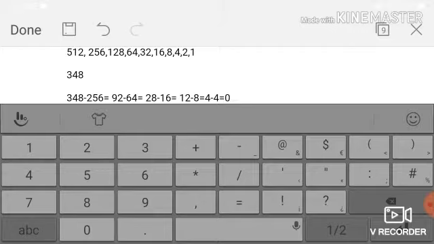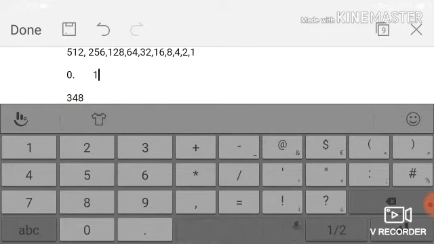So in converting to binary, we're going to assign values to the exponents. So 512, we didn't use 512, so this will be 0. Then 256, we used 256, so there will be 1.